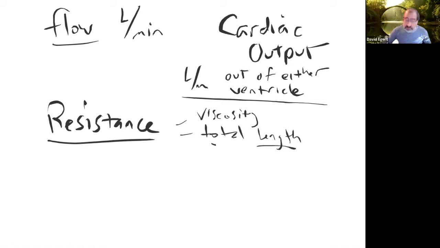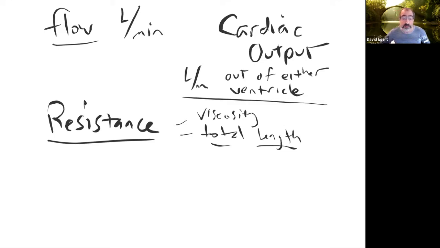We talked about how that is at the core of why you need a much higher pressure on the systemic circuit, because you just have so much more length of vessels to get to every part of the body, as opposed to the pulmonary circuit where you're just going to the lungs, coming back.